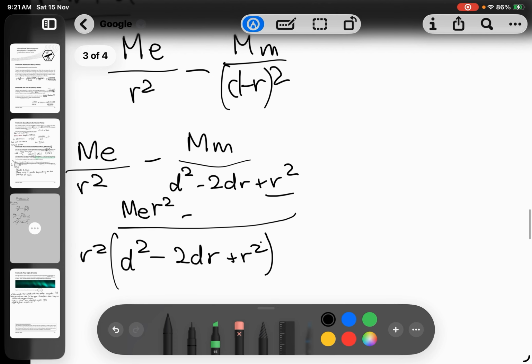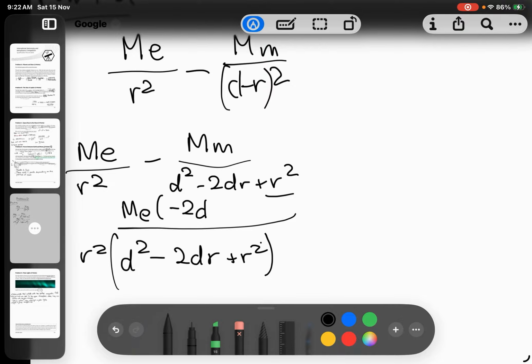What am I doing? Plus R squared, no, it's minus.